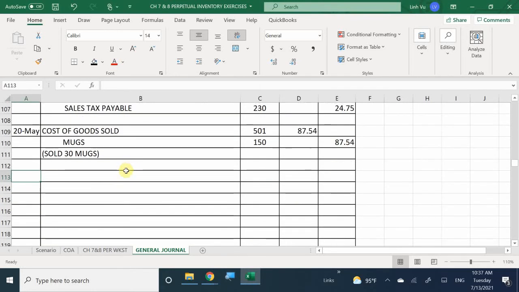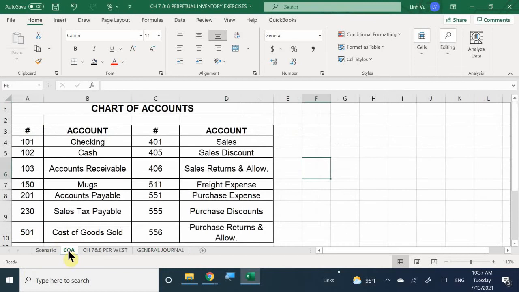So let's go ahead and take a look at what accounts we're going to be using, because he's paying off his accounts receivable, right? He met the terms, so therefore he gets a discount. In this case, what account are we going to be using?